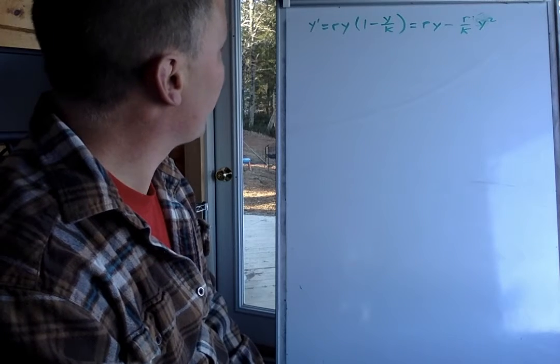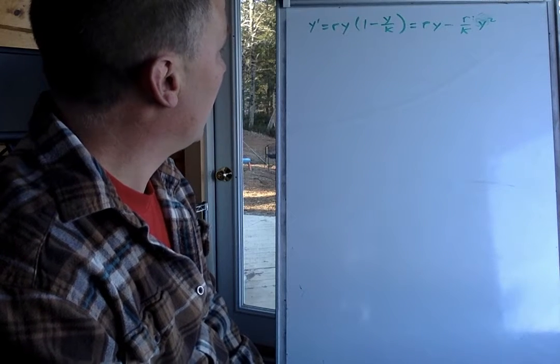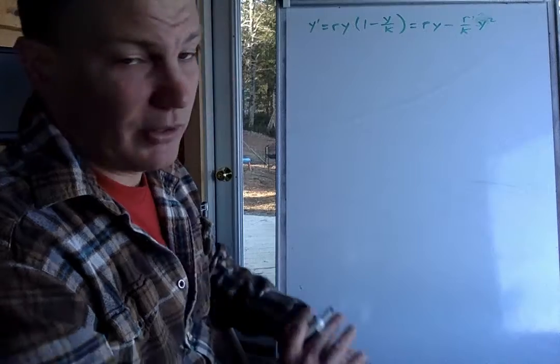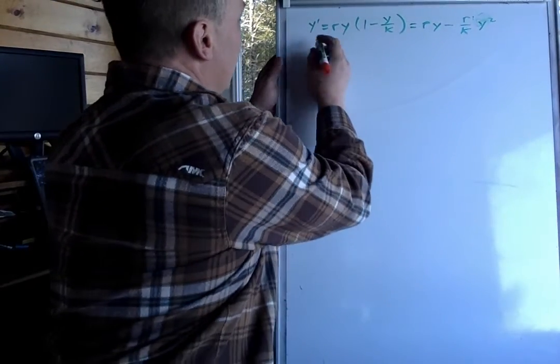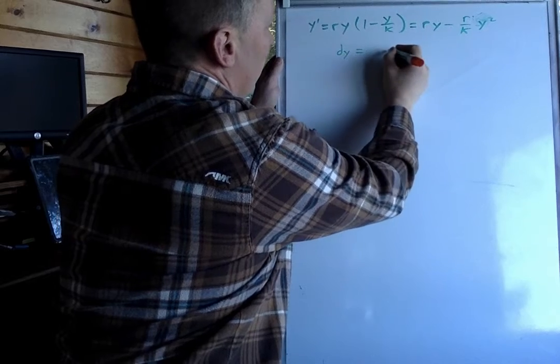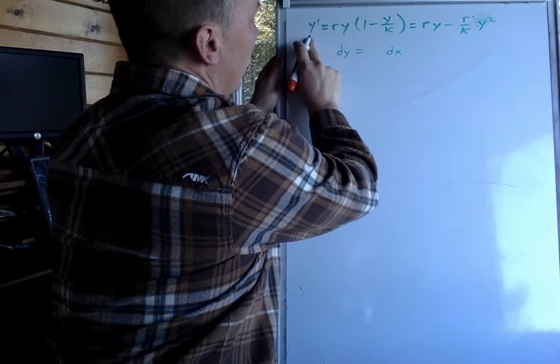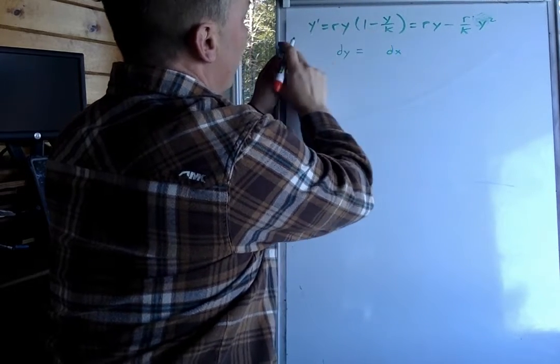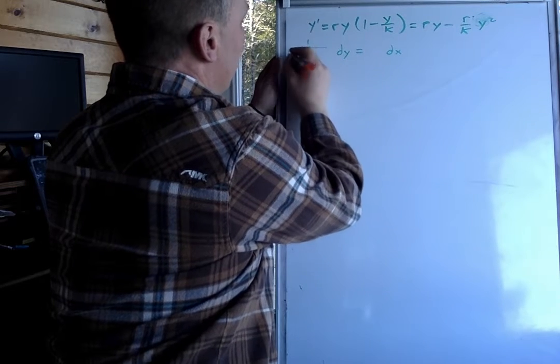Anywho, the first step is we need to separate this out and make the dy's go one way and the dx's go the other way. So I'm going to say dy equals dx. I'm separating that out by bringing this whole thing over here, basically by dividing by it.